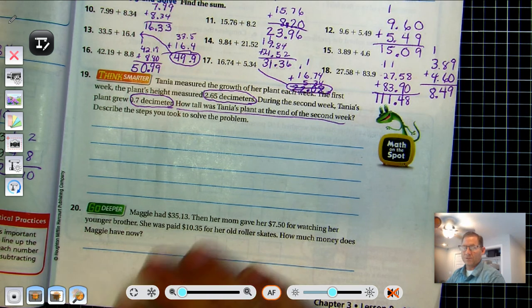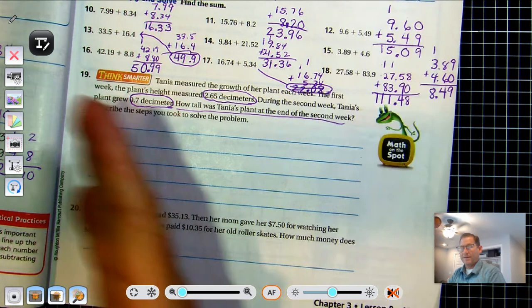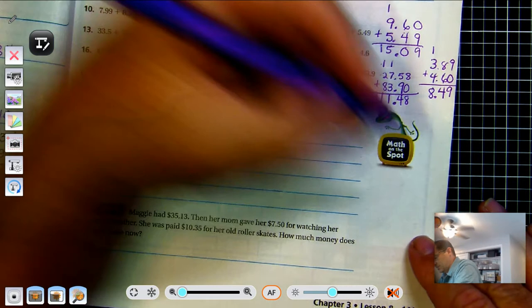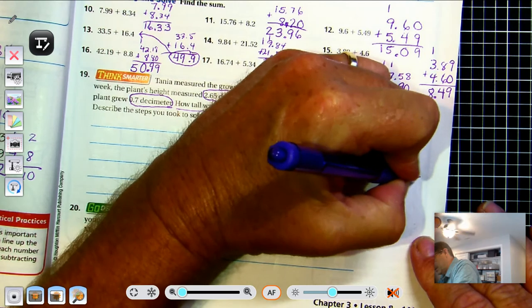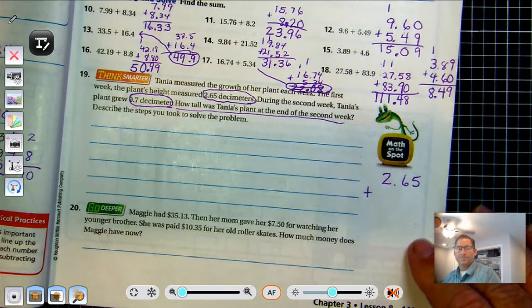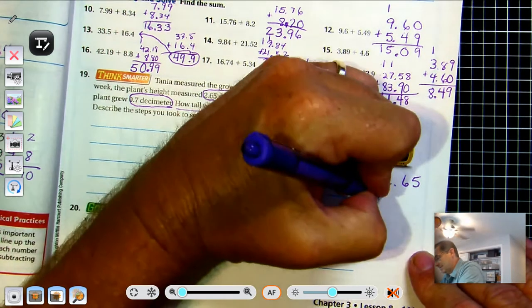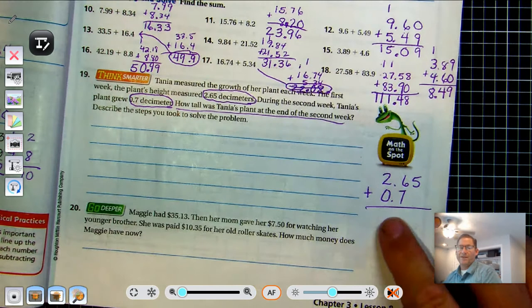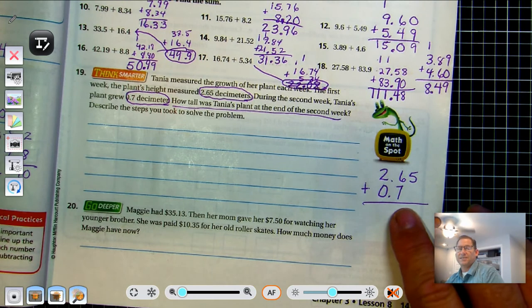All right, so we have a certain amount of growth one week, and then an additional amount the second week. So we're just going to be adding that. So we have 2 and 65 hundredths plus 7 tenths. Right now they don't have the same number of digits for their place value.